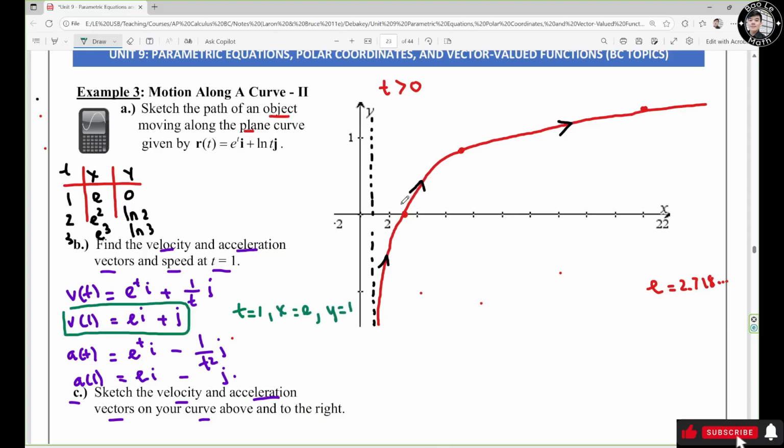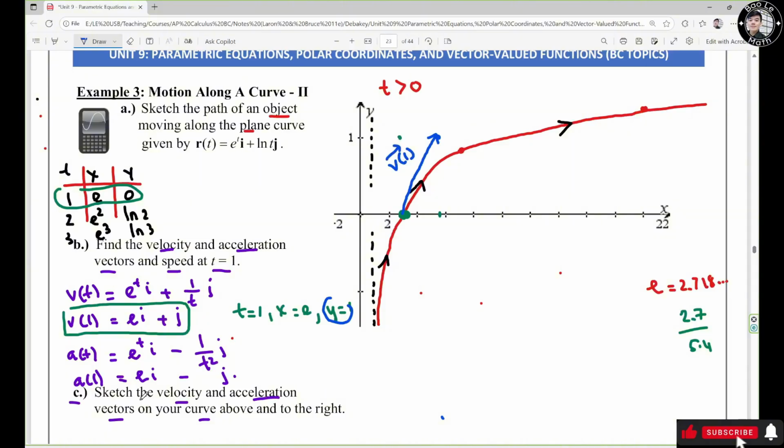Now x equals e is right here, y equals 1, so it could be right here. Alright, so let's go to the right e units and go up 1 unit. So 1 is right here. So the end point should be right here. And this one is v of 1.